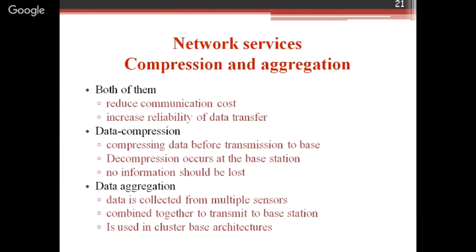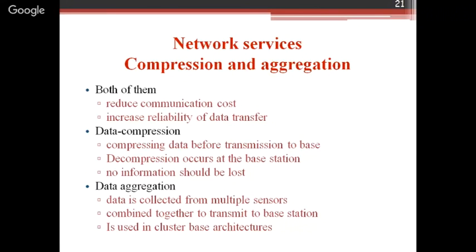Data compression, what is that? You compress the data before transmitting it to the base. At the base station the data is decompressed. I compress the data at the cluster head which I have selected, which has very high energy compared to other nodes.